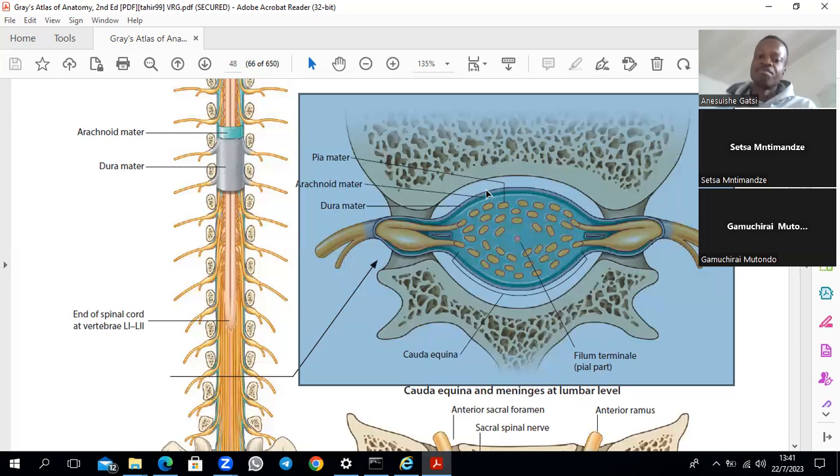And your pia mater is closely attached to the spinal cord, like I said, right? And pia mater ends opposite intervertebral disc L1, L2, where the spinal cord ends, unlike dura and arachnoid, which we said continue all the way down to S2 vertebra, right?